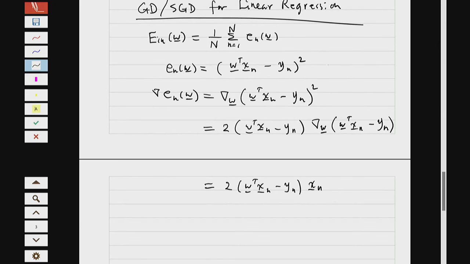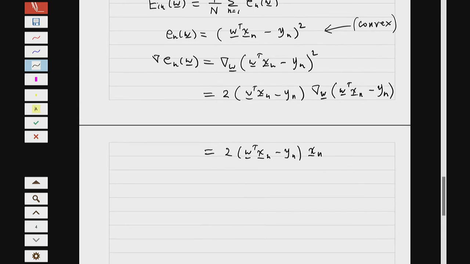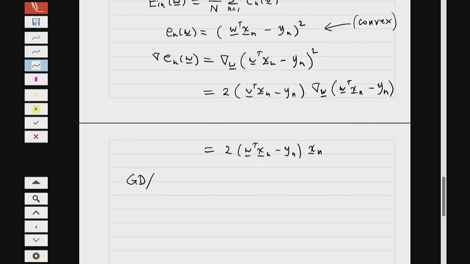And of course, this is a square form. We know that this is convex. It's easy to show this, even if you are not convinced at this point. You can take the second order derivative and show that it is positive semi-definite, and then you know this is convex. Because it's convex, we know that when we run gradient descent, it will converge to the absolute optimal point. So when you run GD and SGD, as the steps go to infinity, WT converges to the least square solution.